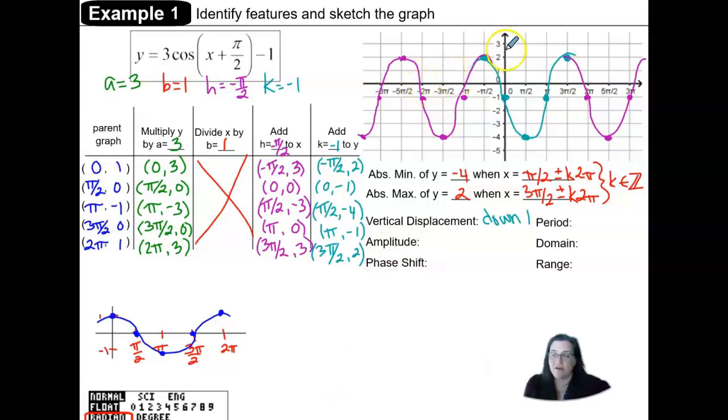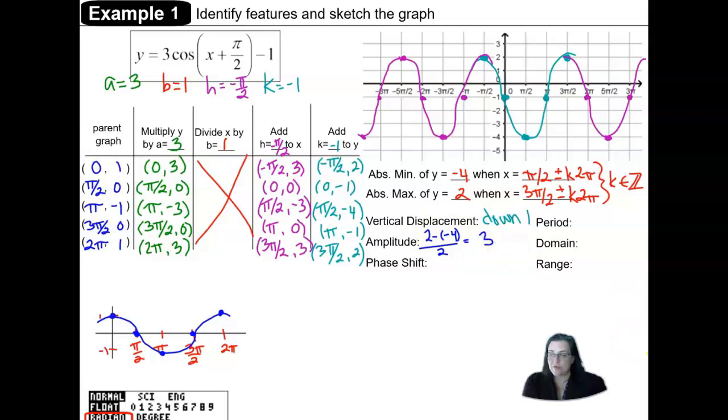So if I look for my vertical displacement, I've got 2 as my max and negative 4 as my min. And that's going to be 2 minus negative 4 divided by 2 to find half the distance between them. And 6 divided by 2 is 3.